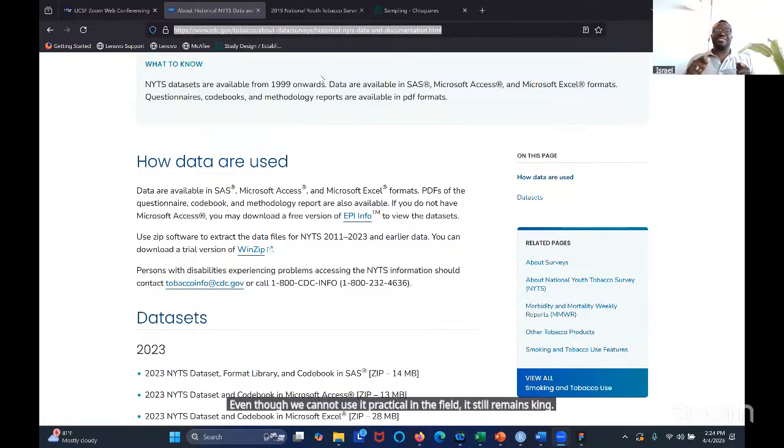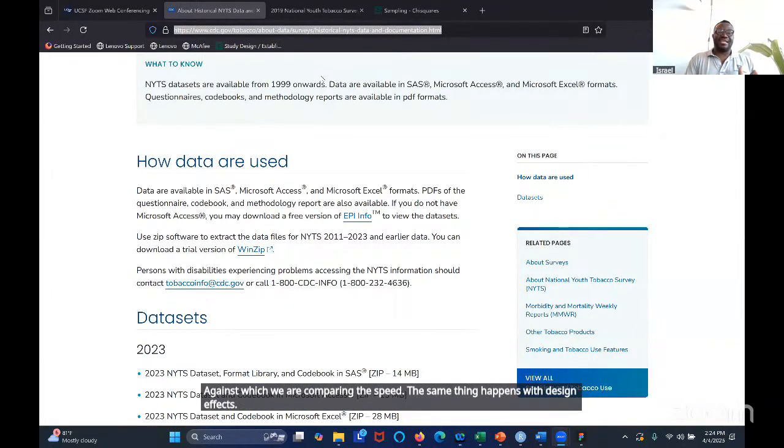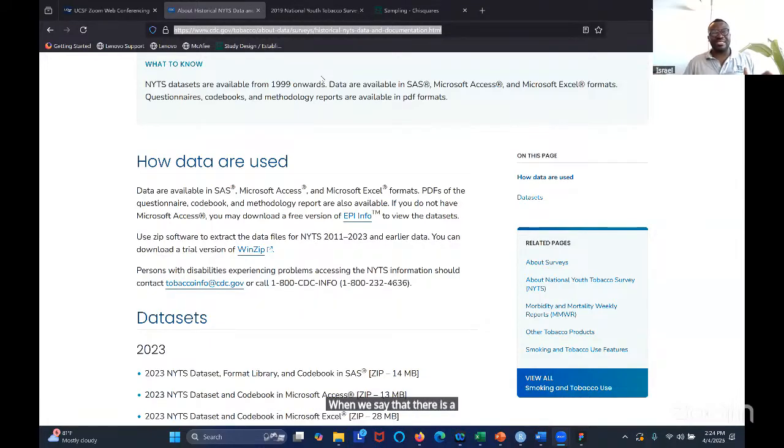When we say somebody is fast or slow, there has to be a benchmark against which we're comparing their speed. The same thing happens with design effect. When we say that there is a lot of variance or little variance, the question is, against what are we comparing it? The answer is against simple random sample. That's why simple random sample is so important in survey design, because it forms the benchmark against which we compare everything.